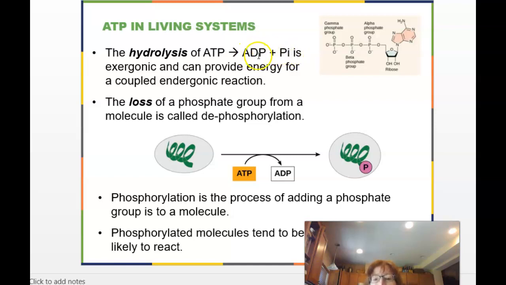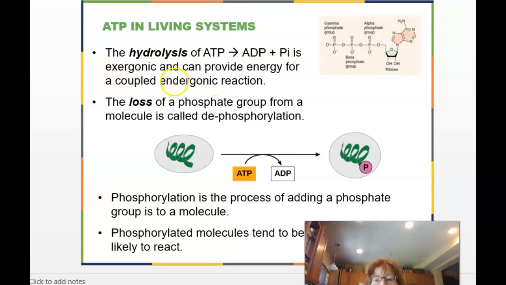So when that happens, this is an exergonic reaction. Think about this as the downhill reaction, and therefore we're going to have some energy released. Now, that can be coupled with a reaction that is endergonic. And we'll look at this in detail again.